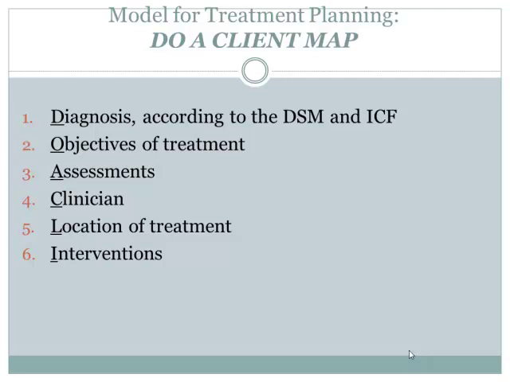You will also want to use the ICF, the International Classification of Functioning, in order to not only identify what the limitations are as it relates to the DSM, but what are their skills and abilities in light of their functional limitations. You want to also look for objectives of treatment. So the treatment planning process has specific objectives that you would want to take into consideration.